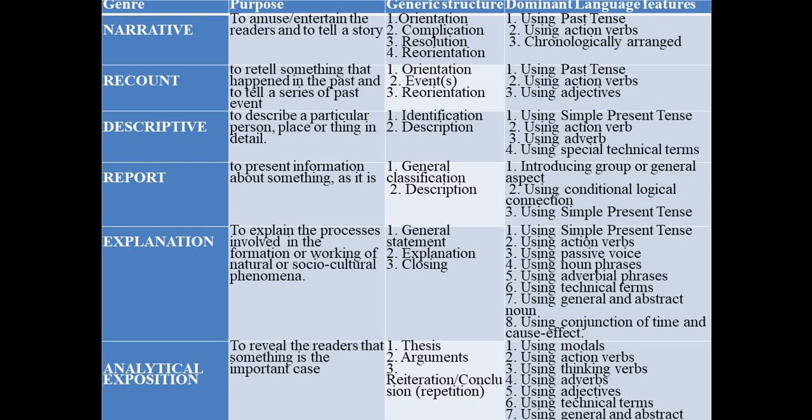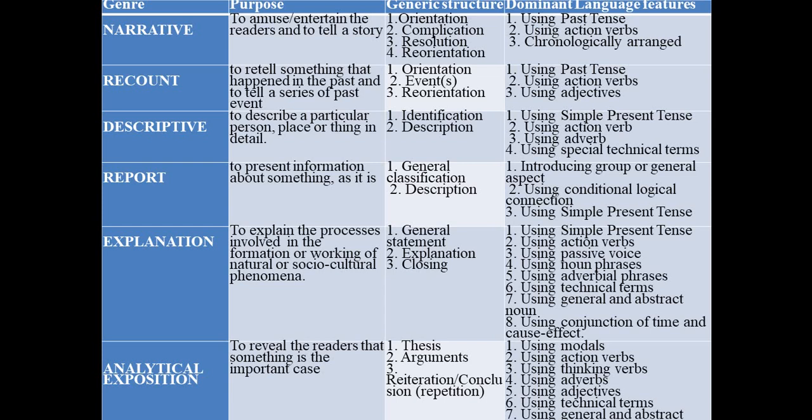For example, in narrative texts, you can find orientation, complication, resolution, and reorientation. And in language features, you can find past tense, action verbs, and chronologically arranged events one by one. For example, the prince came and so on.